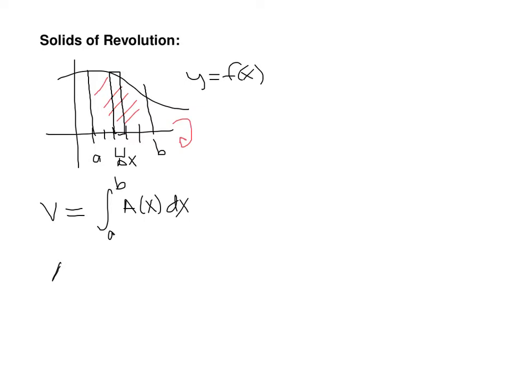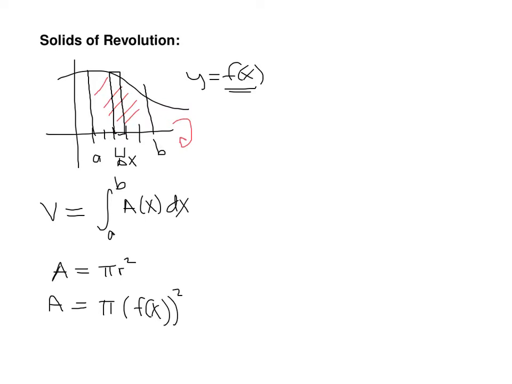So the area of the base is A equals pi r squared, and in this case your r is actually equal to f of x. f of x is the y value, it's the distance from the x-axis up to your curve. So the area of your cross-section will be pi times f of x squared.